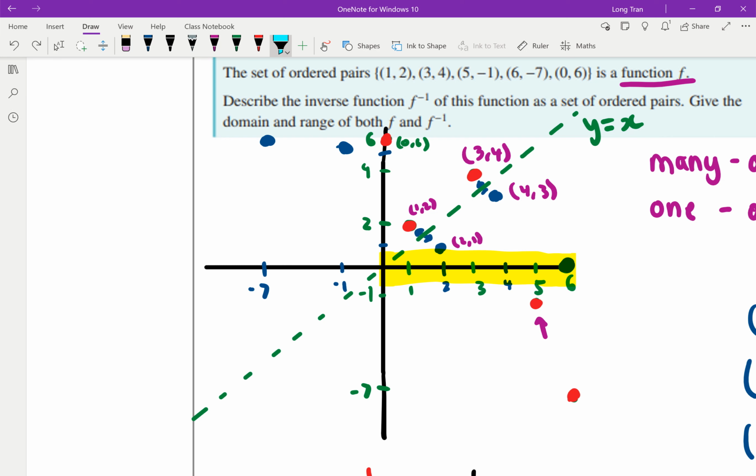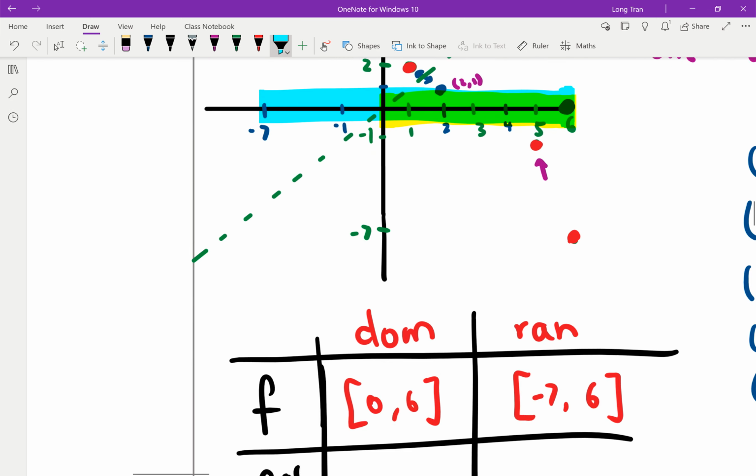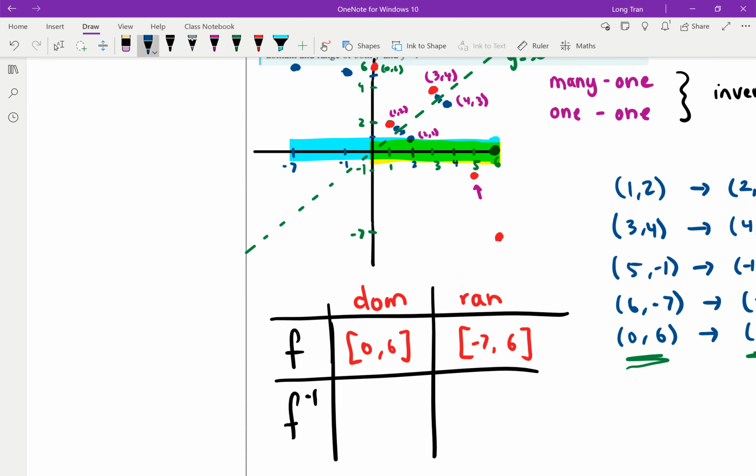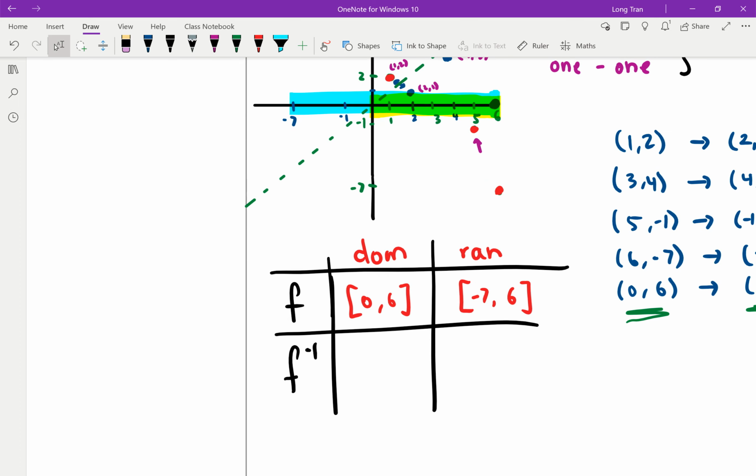From 6 all the way to -7 there. So my domain now for the blue is clearly from -7 all the way to 6.